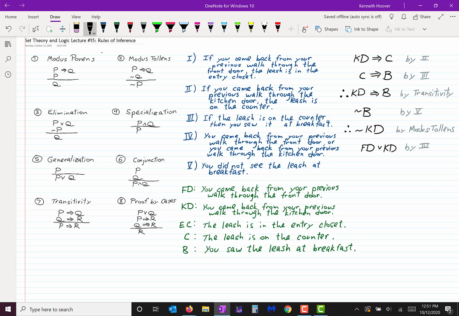I'm going to write therefore FD. Why can I make that conclusion? Because in the previous 2 lines, I have not KD, but also FD or KD. So isn't that simply using elimination? Just that I've got the 2 lines that I'm using for my justification written in the opposite order, but that doesn't make any difference. I'm still using the same rule of inference.